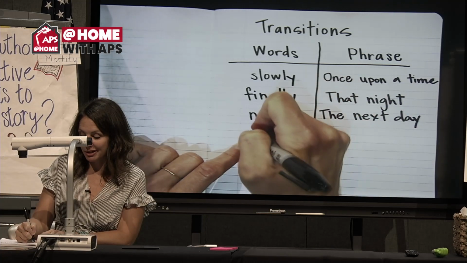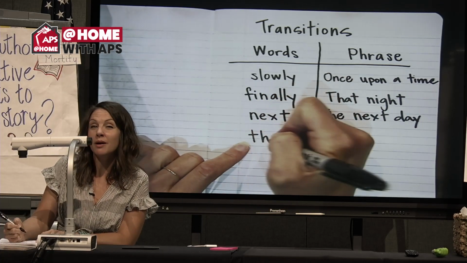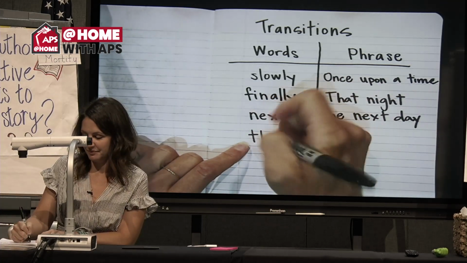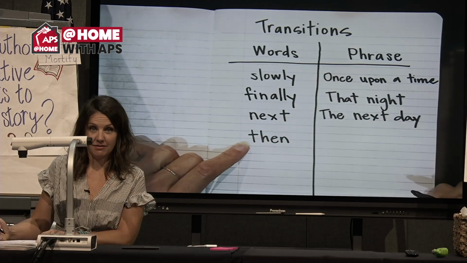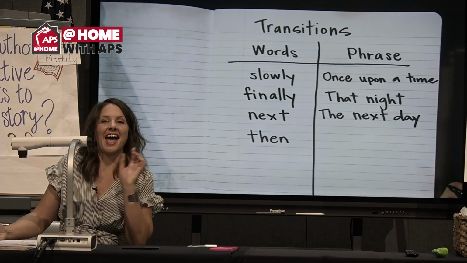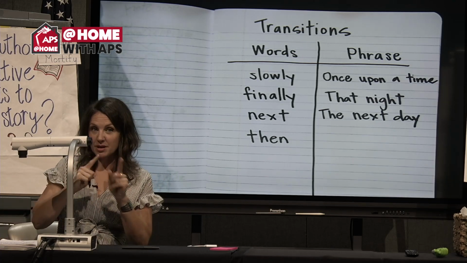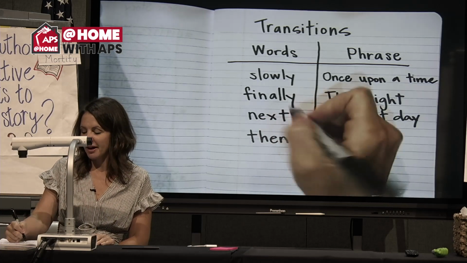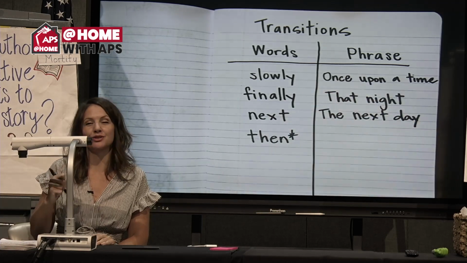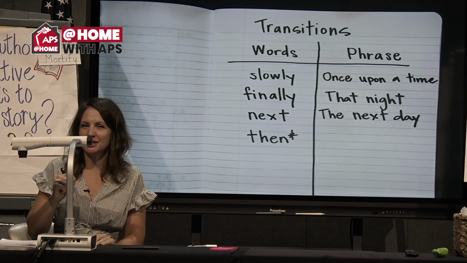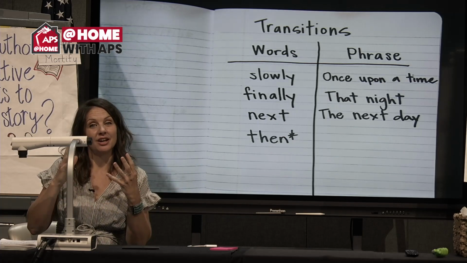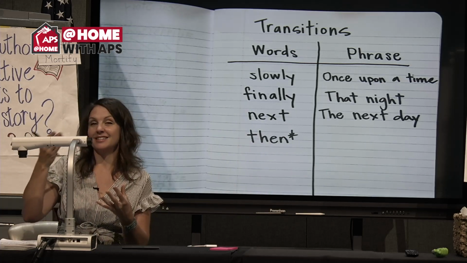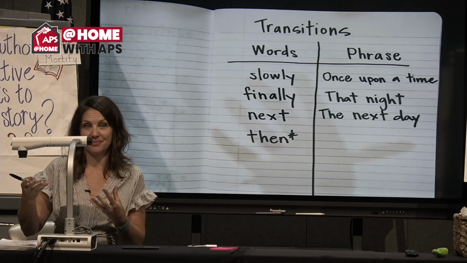I'm going to tell you another one that you probably use often. Then. And then, and then, and then. Be careful not to use this one too much. But I'm going to put a star next to it because it's a great one to use in your writing to let your readers know something else is going to happen. Okay?